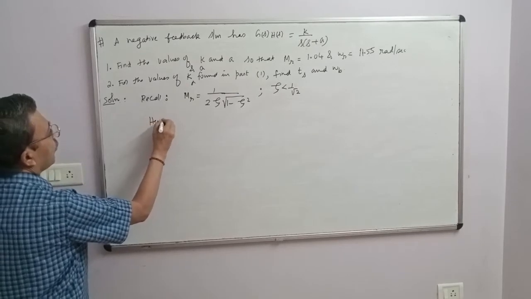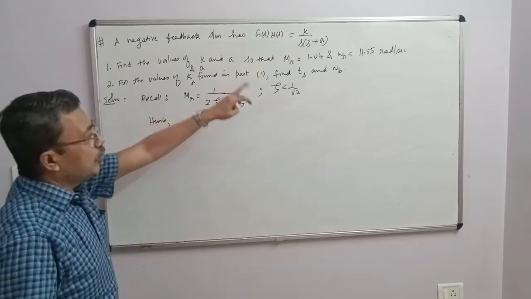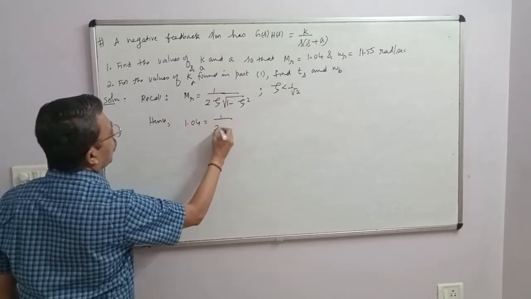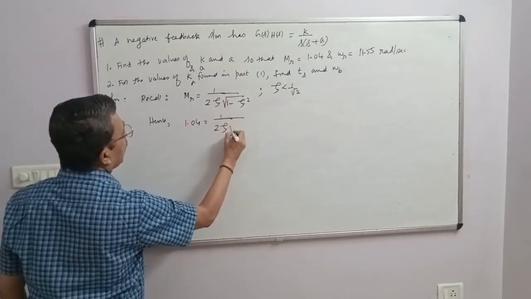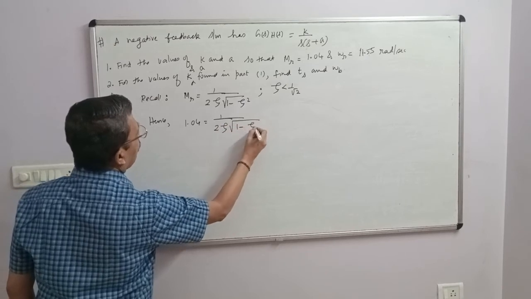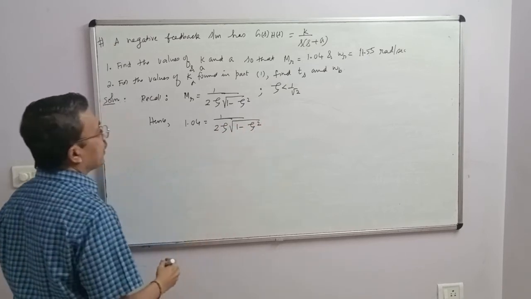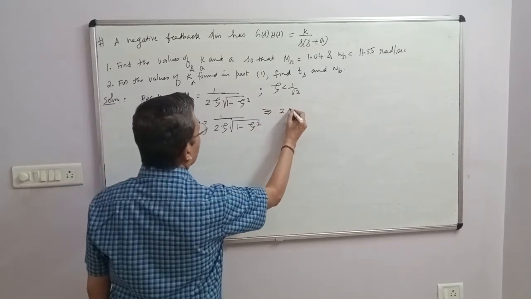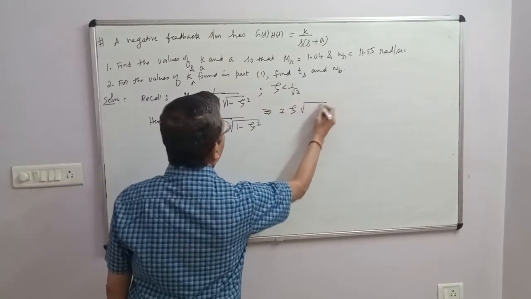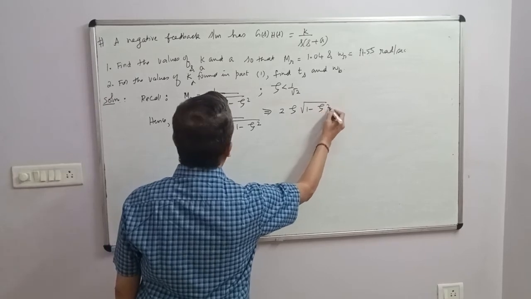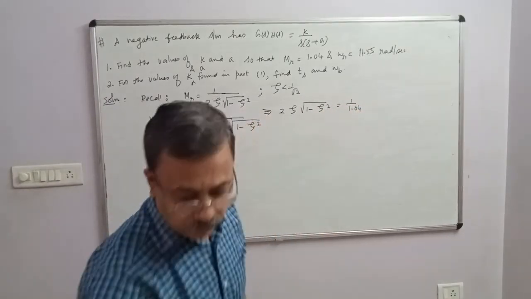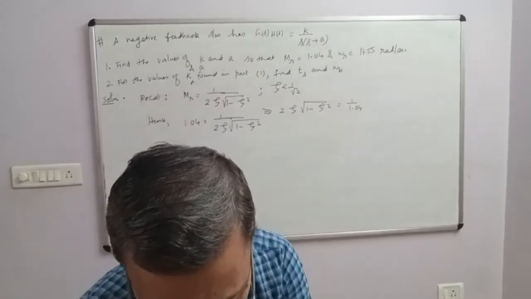Given, MR is 1.04. So 1.04 is equal to 1 over 2 times zeta into square root of 1 minus zeta square. This implies 2 times zeta into square root of 1 minus zeta square is equal to 1 over 1.04. You will get a quadratic.